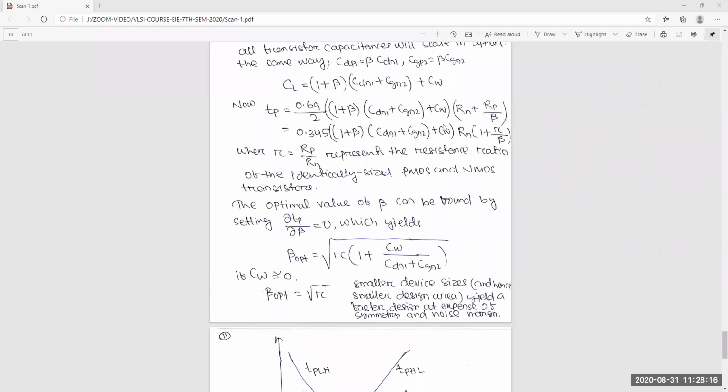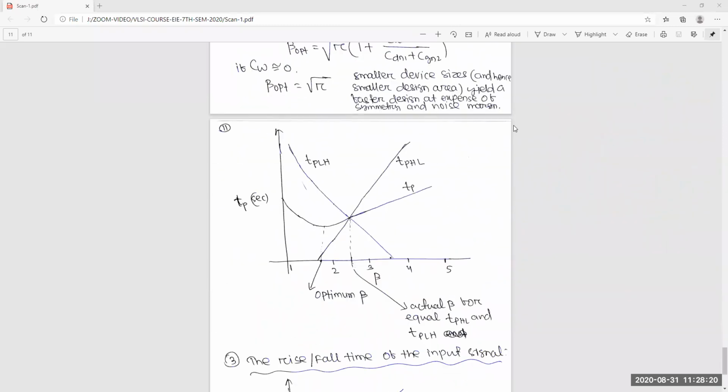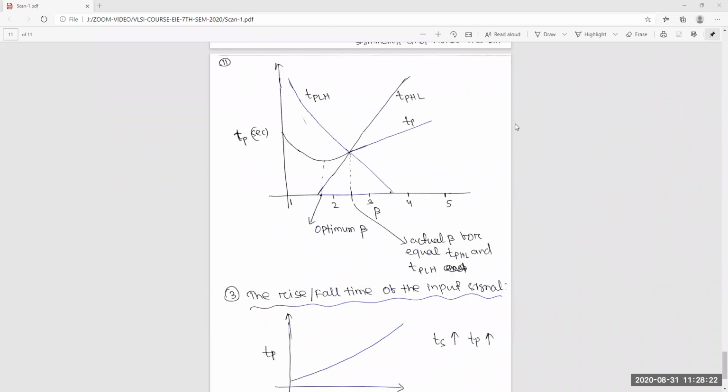So now you can see this curve. Here this is your beta. Okay, beta means WP by WN.